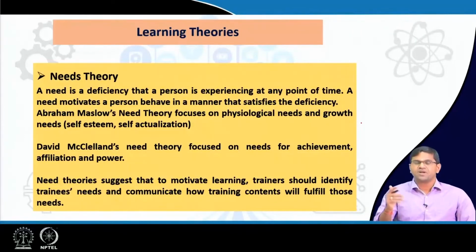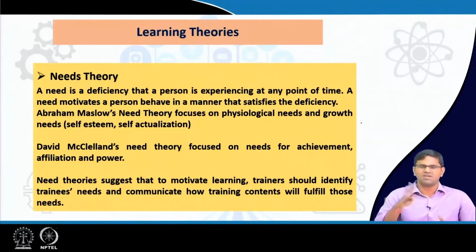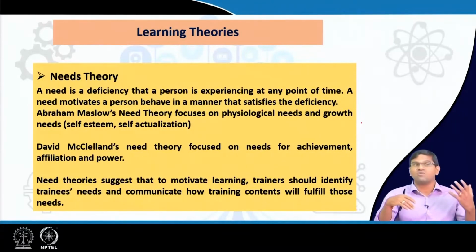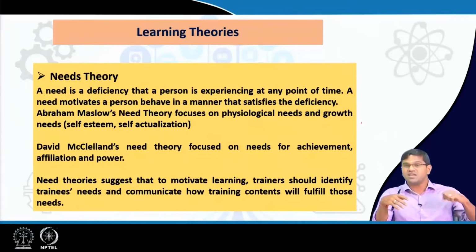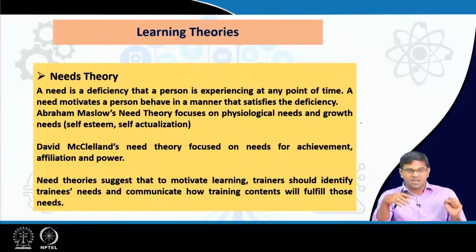For example, you are traveling and you have a lot of money with you, but you are hungry. At that time, what is your motivation? You want to find a restaurant or a place to eat. That is your deficiency: you are starving, you want food. So the need-based theory says that a need is a deficiency that a person is experiencing at any point of time.